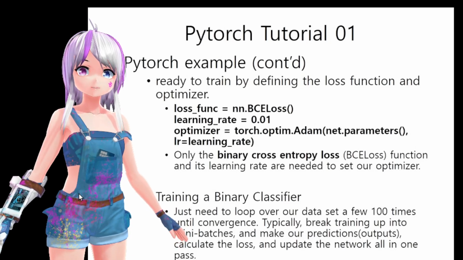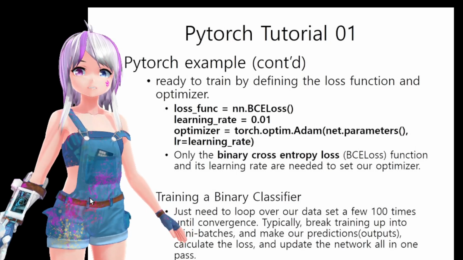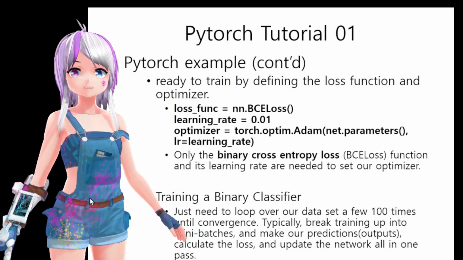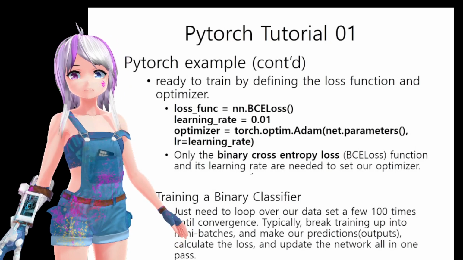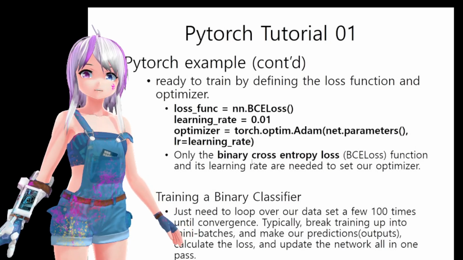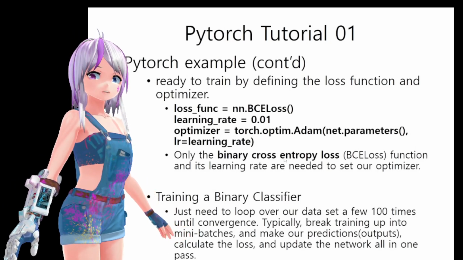This is an adaptive gradient method with momentum. net.parameters(), comma, lr equals learning rate, which is 0.01. Okay, so we use the binary cross entropy loss. This BCE represents binary cross entropy. This loss function and its learning rate are needed to set up our optimizer. Okay, so that we can initialize our optimizer in the algorithm.